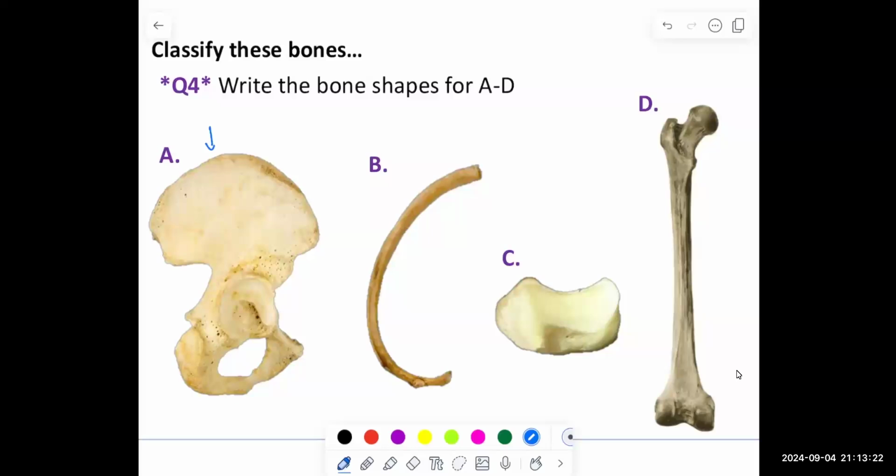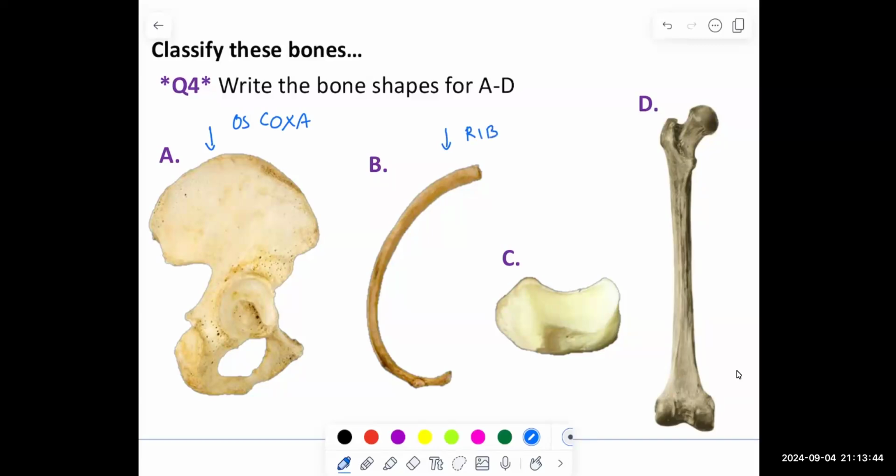It's not my favorite. That is your hip bone. Os coxa. Does anybody recognize the bone for B, the name of that one? Rib. That's simple. It's just a rib.